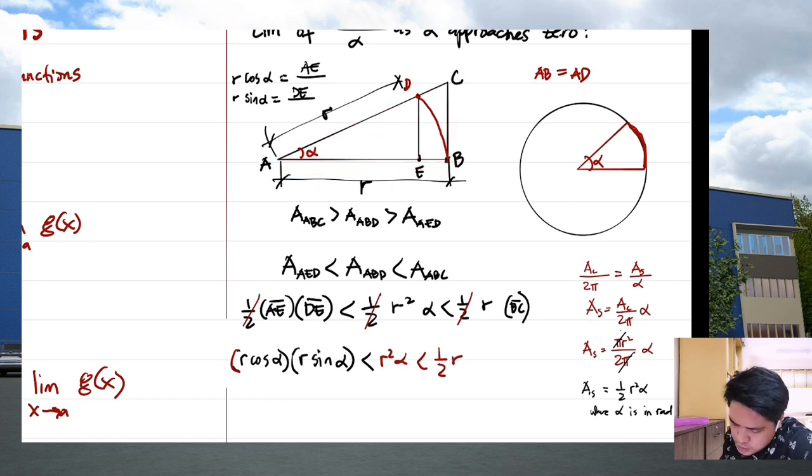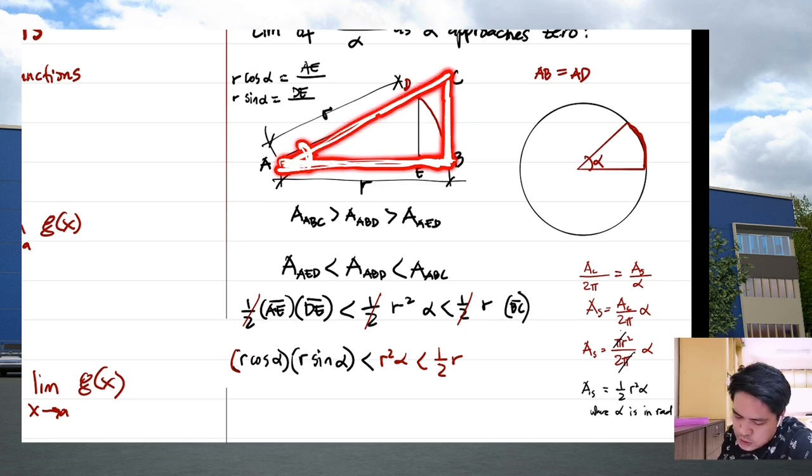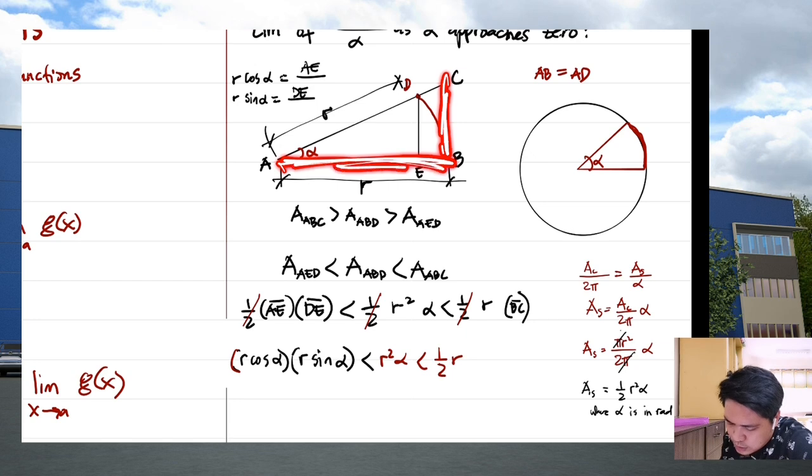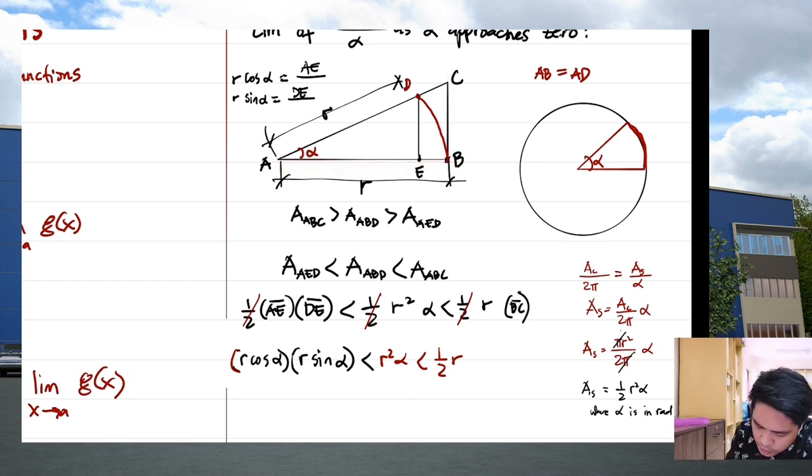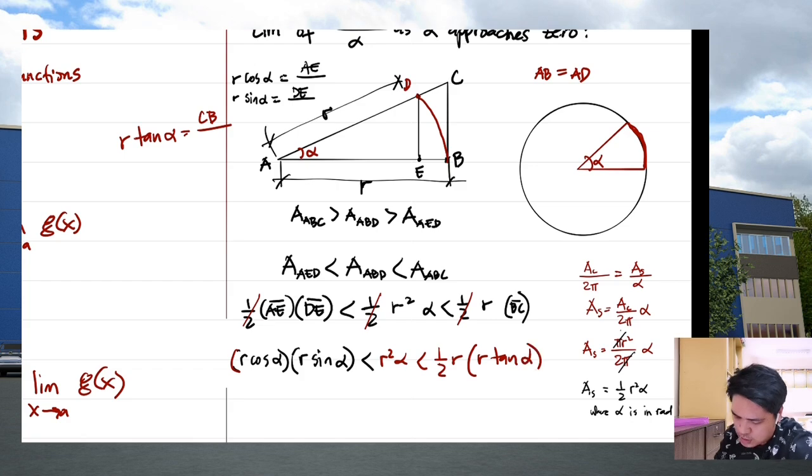So, if this is R, and this, which is adjacent to alpha, and CB is opposite of alpha, considering this triangle, so that is opposite and adjacent, the function is tangent. So, we have tangent alpha is equal to opposite over adjacent. So, again, transposing this to the other side, you have CB or BC, that's the same, R tangent alpha.